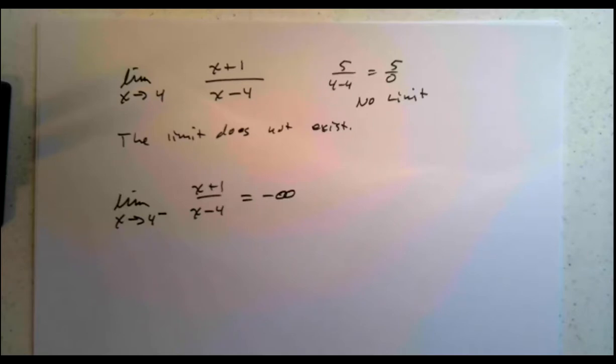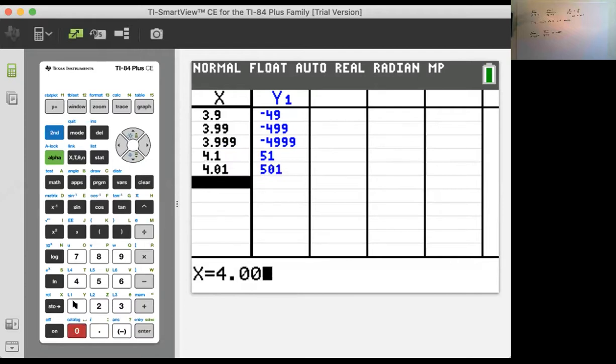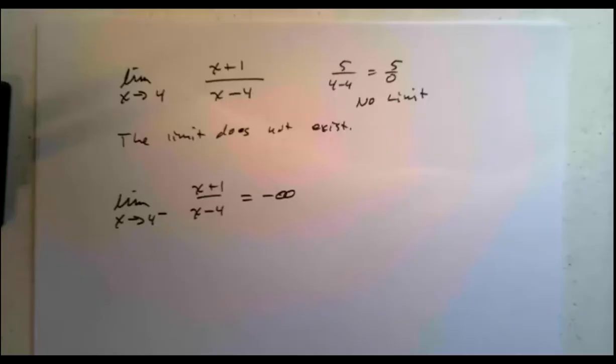If I approach 4 from the right, what do I get? 4.1, 4.01, 4.001. And you can see those numbers are getting very large on the positive side. So if that's the case, what am I going to say?